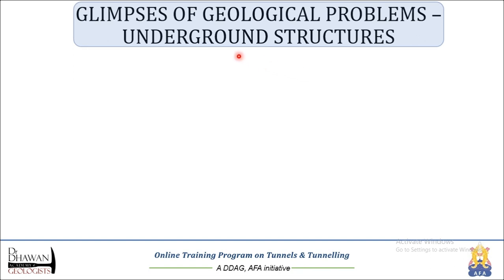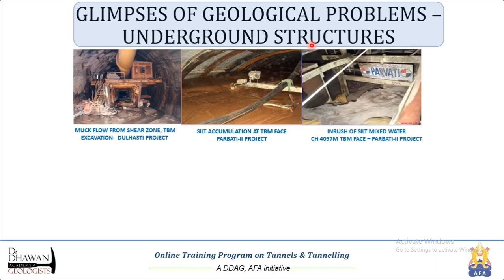Here are some glimpses of geological problems faced during construction of underground structures in Himalayas. The first photo is muck flow from shear zone during TBM excavation at Dulhasti project in Jammu and Kashmir. Second photo is silt accumulation at the TBM face at Parvati 2 project.